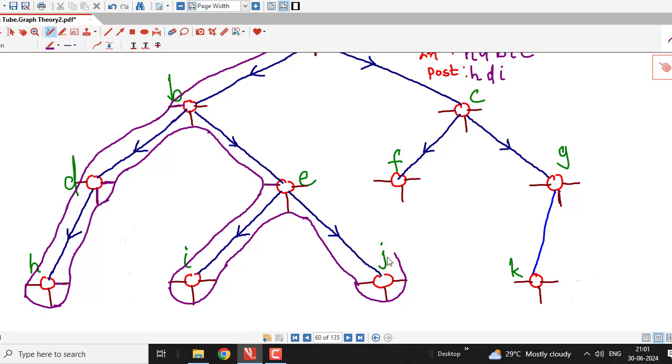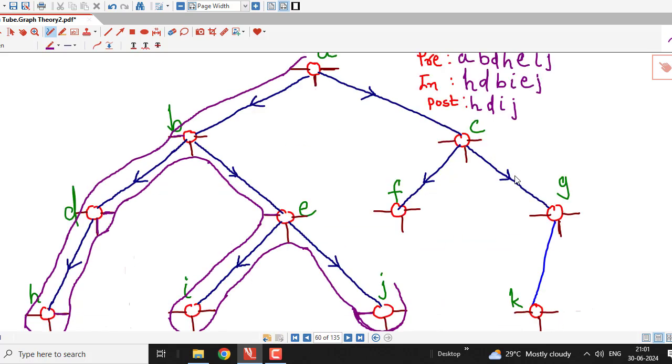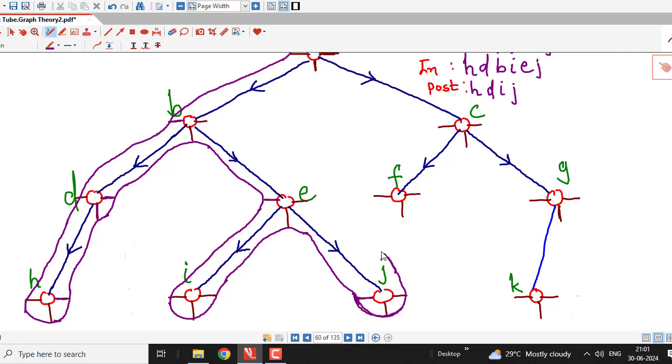This is J, not G. So for J, this curve is touching all these three lines, so let me write J in all three traversals, and then we are going in this direction, and for E we have post-order, it touches this line, and for B we have post-order, so let me write B here.